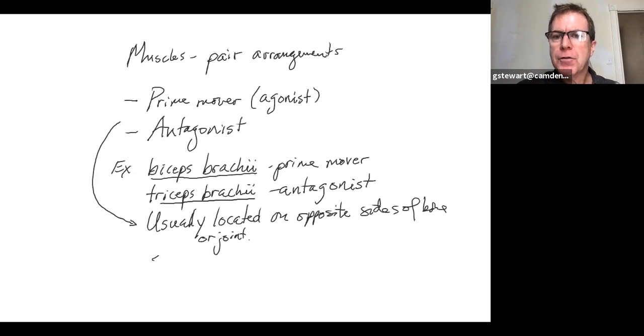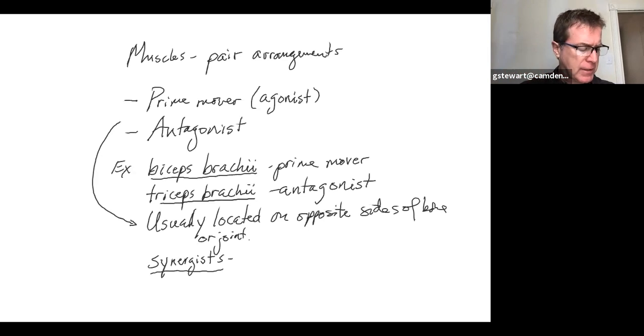And then there are also muscles that are classified as synergists. These are not necessarily prime movers or antagonists. What a synergist is, they typically contract during the prime mover contraction to stabilize a joint or aid in the prime mover's moving.